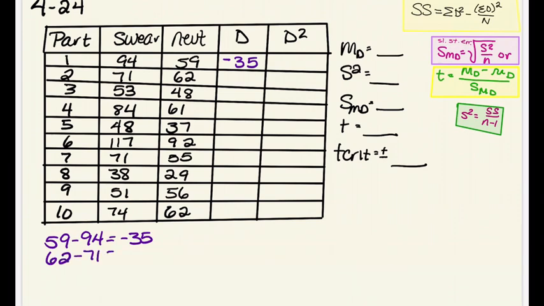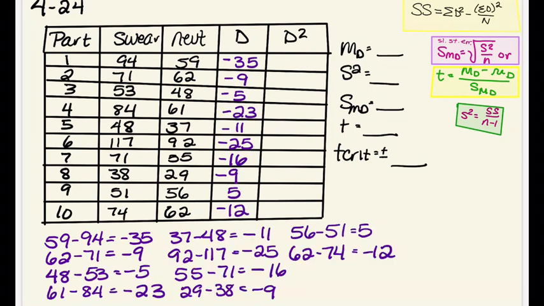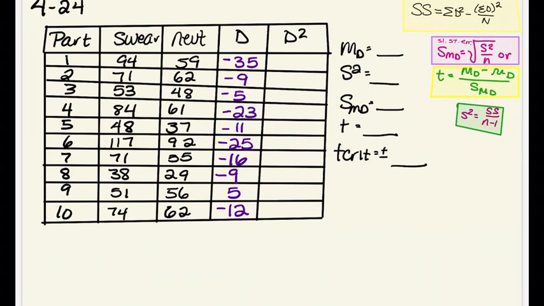We will repeat this calculation with each participant and log their difference score. And we'll add all of the difference scores together to find our sum of difference scores, in this case negative 140. Our mean difference will be our sum of difference scores divided by n, which is 14.